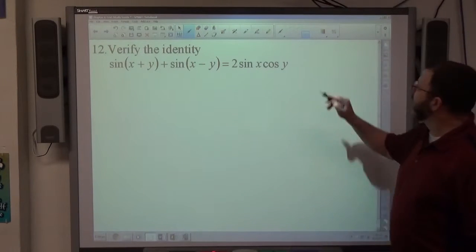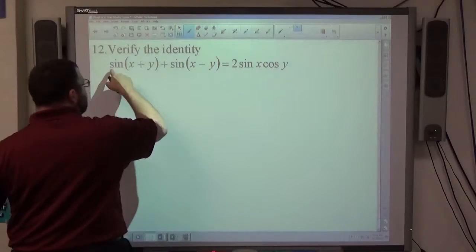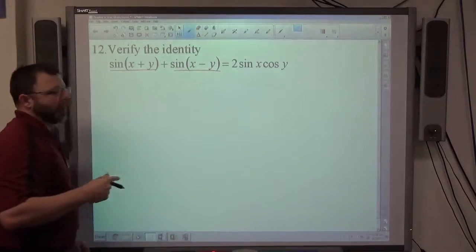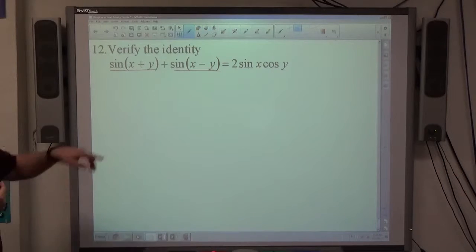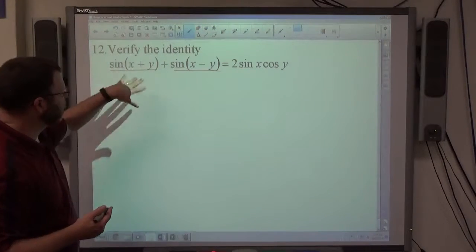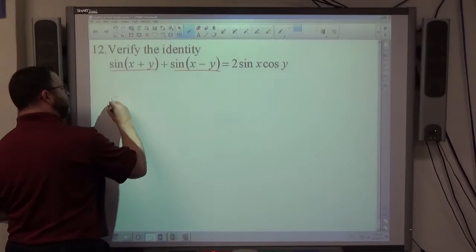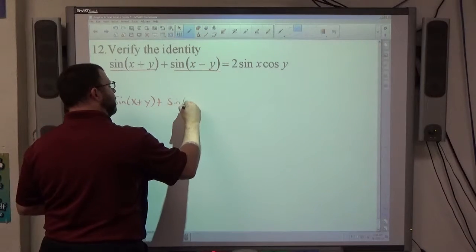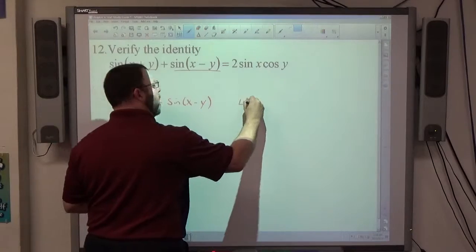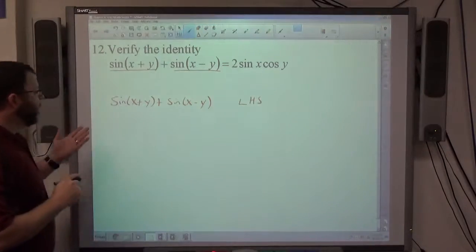For number 12, you can see here very clearly, sine of x plus y, sine of x minus y, that's just number 32. We got sine of a sum, sine of a difference. I'm going to take the left-hand side here. So again, my first step, write the left-hand side down as is without changing it. Identify it for what it is. And then apply the identity.